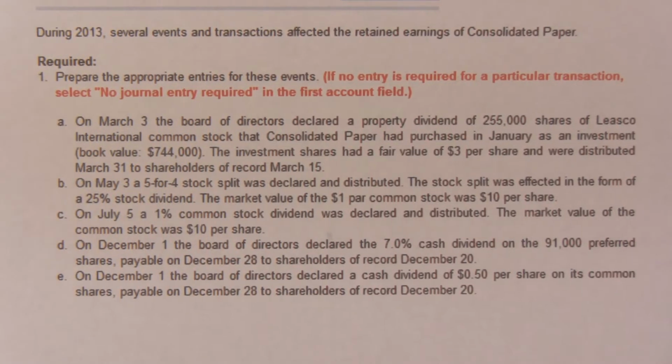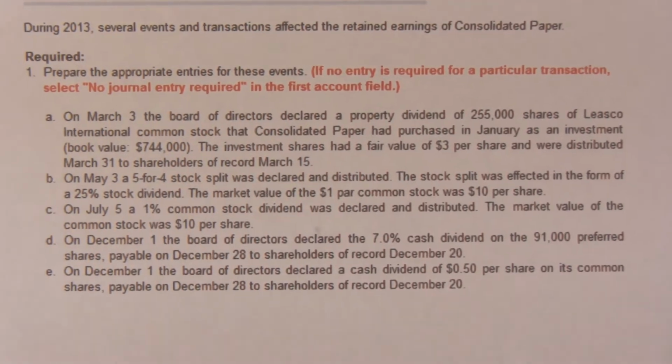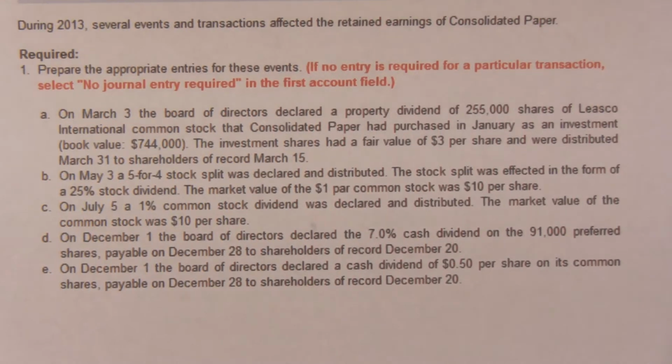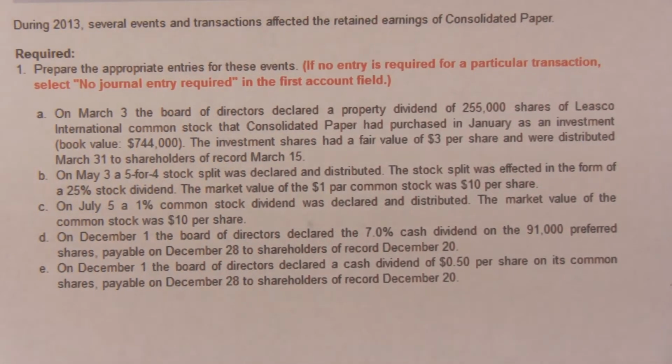On March 3rd, the Board of Directors declared a property dividend of 255,000 shares of Lisco International stock that it had purchased as an investment. Its book value is $744,000.